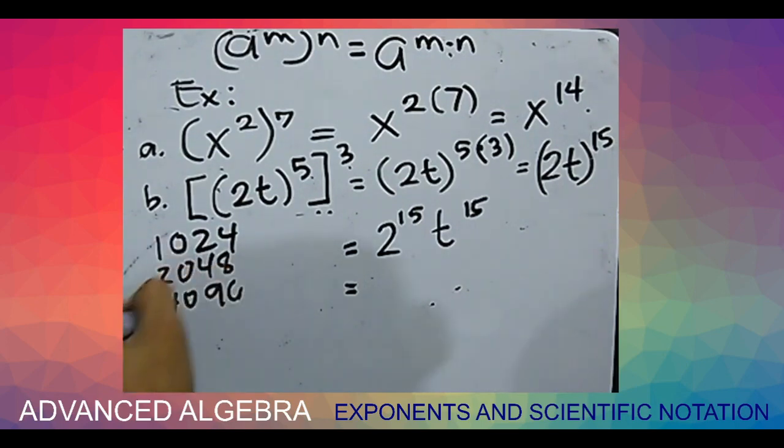Times 2 is 4096. Tama? Times 2 is 8192. Tama?